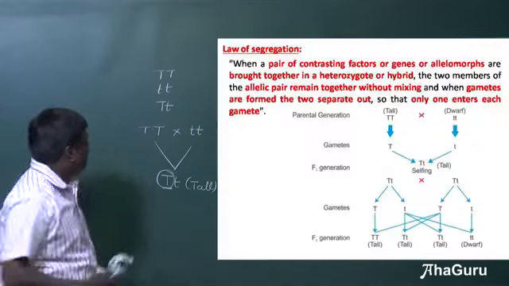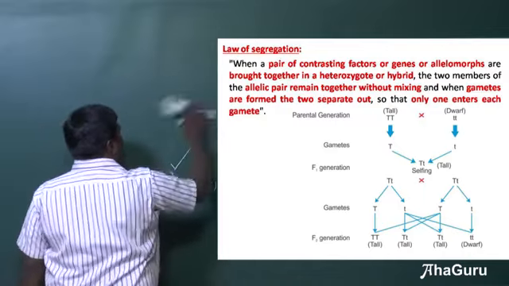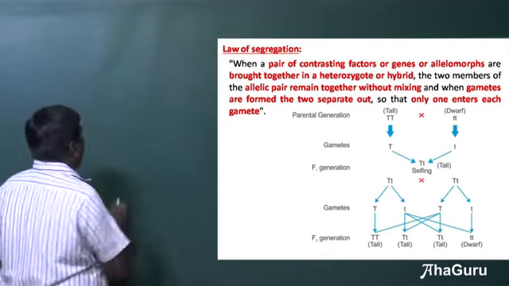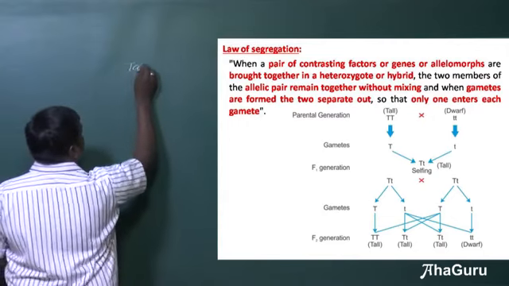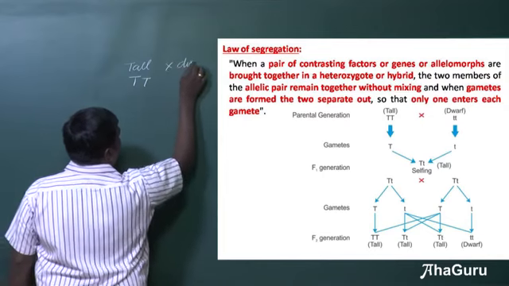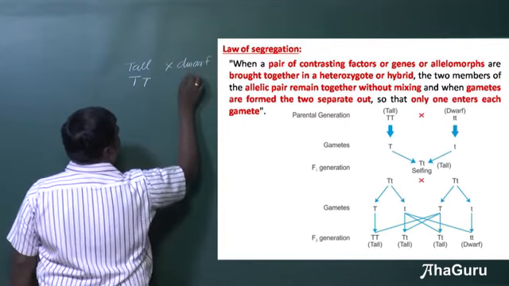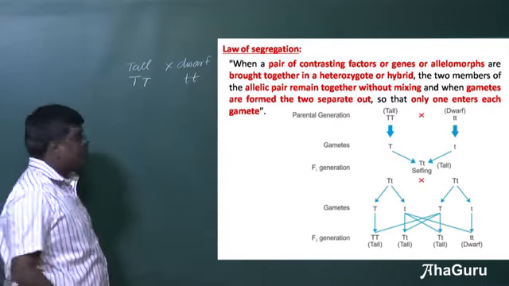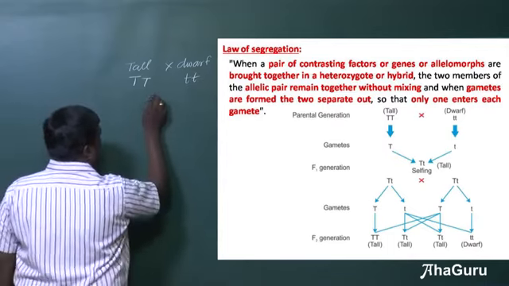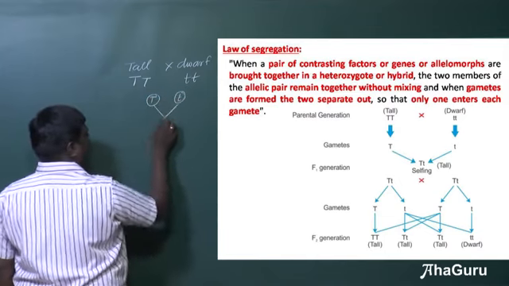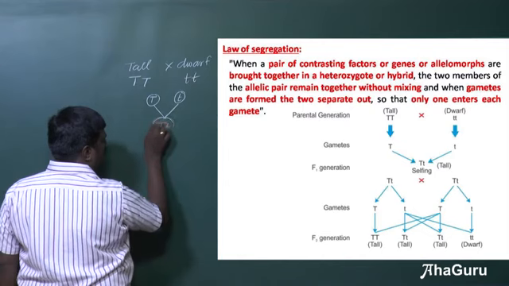For example, this is the character he obtained. He took a tall plant with capital T and crossed it with a dwarf plant, small t. While crossing, the gametes are capital T and small t. So when he crossed them, it will be capital T and small t.